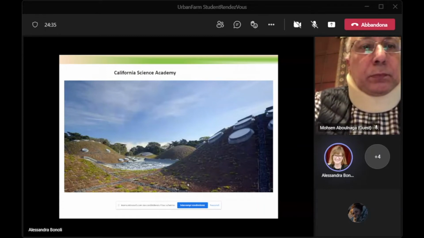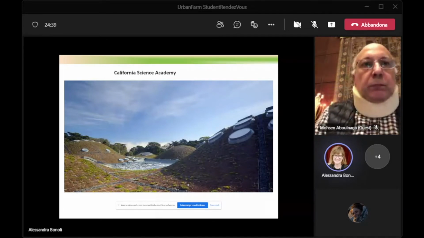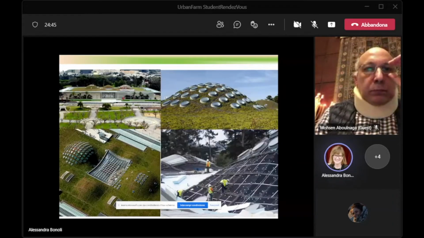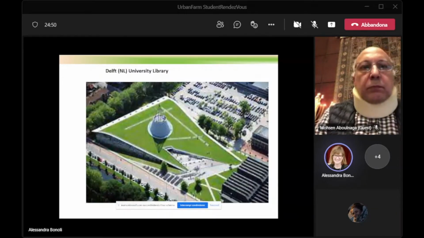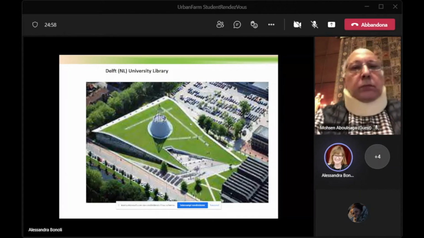Several examples. Here you have the California Academy of Sciences with such beautiful green roofs, having different shapes, or jumping to the Netherlands, in Delft, the university library that represents a large garden also for students.